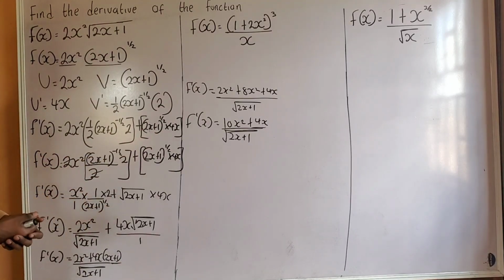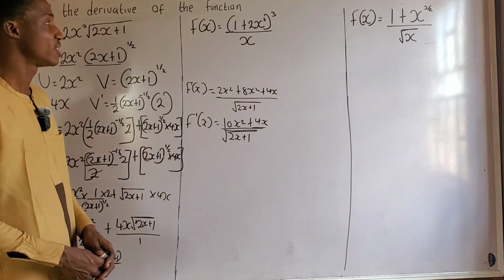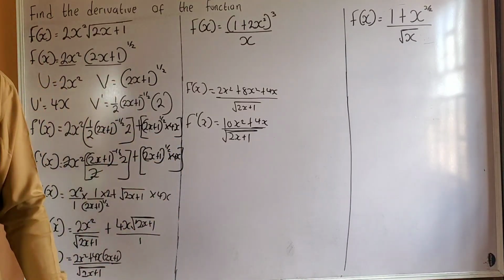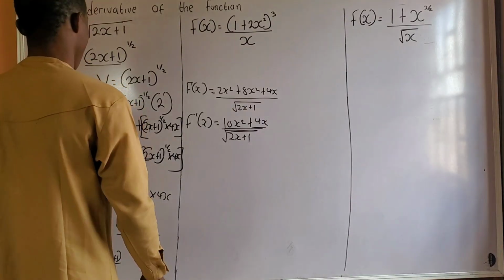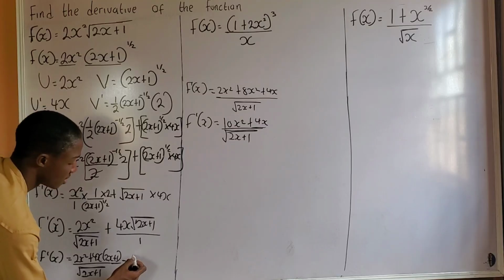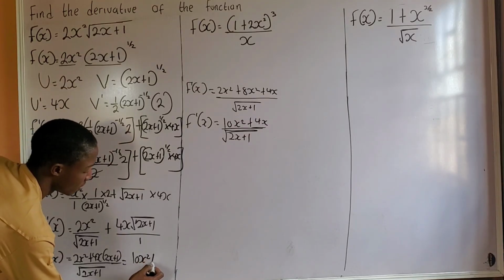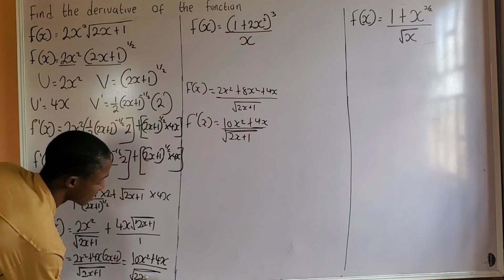So I collect like terms, I got 10x squared plus 4x. So the derivative of f of x will be this. Do you understand? Okay, let me erase that and then we can proceed to the next question. So the final answer to this is 10x squared plus 4x all over the square root of 2x plus 1.